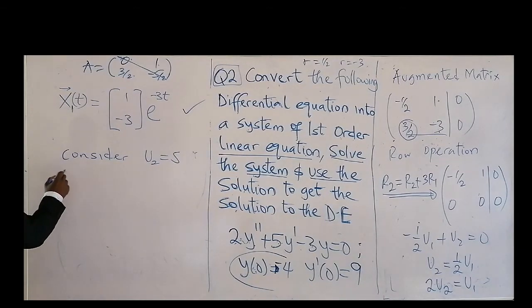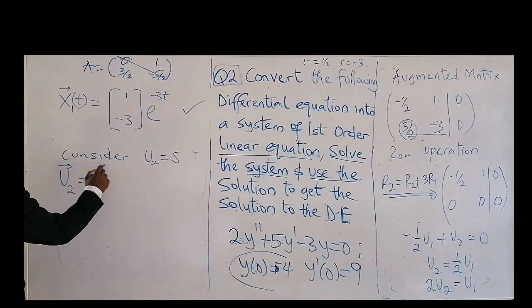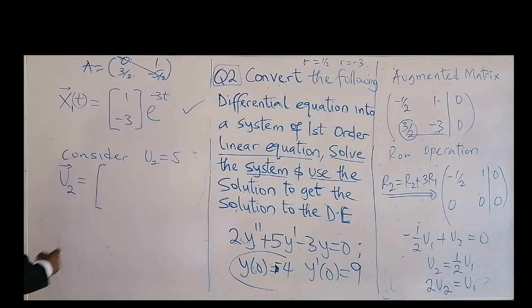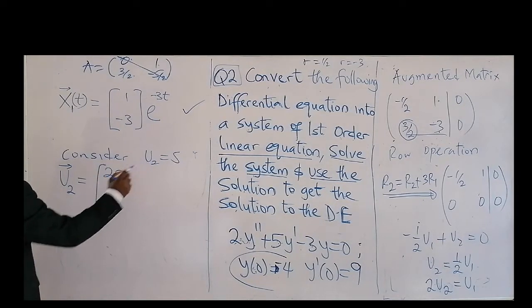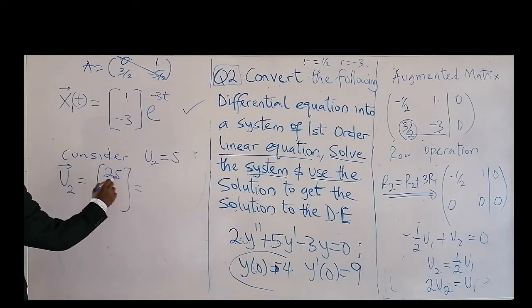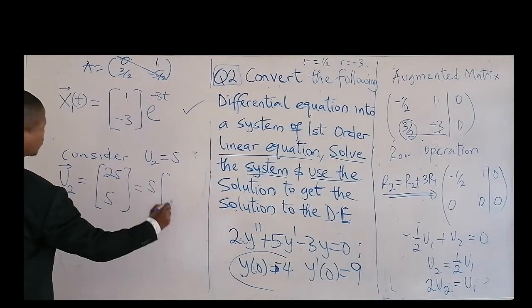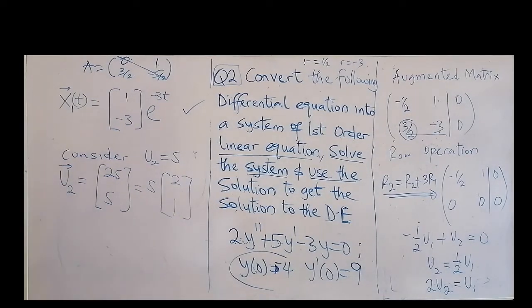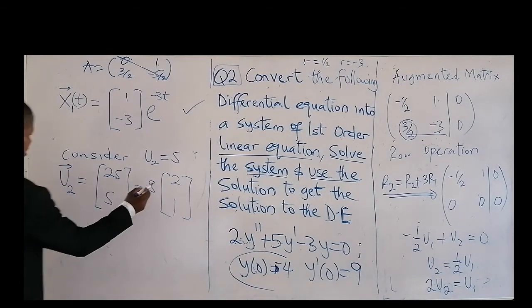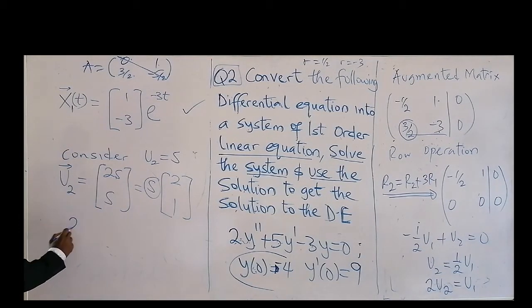The second eigenvector will be: u1 will be 2x, and then u2 is x. We can factorize the x outside, then we have 2, 1.